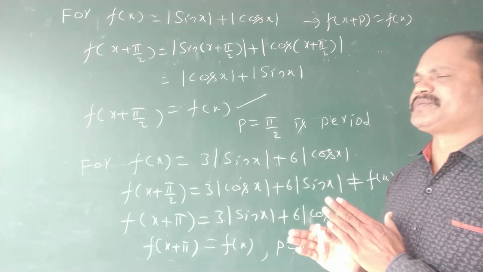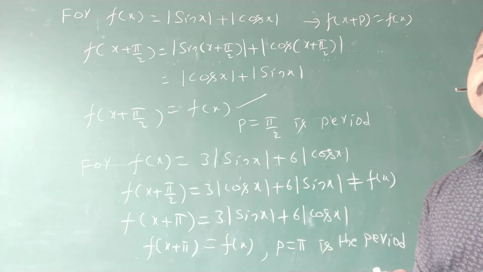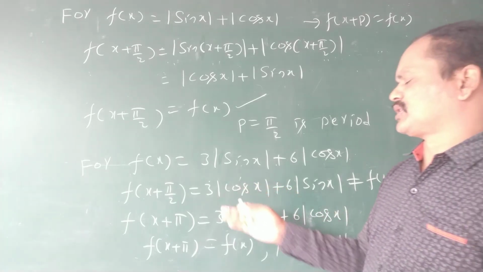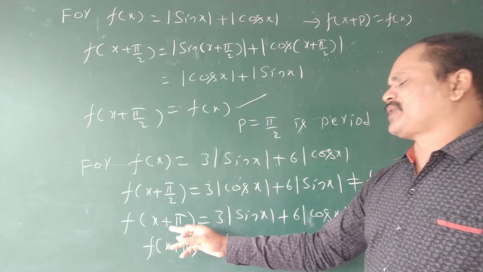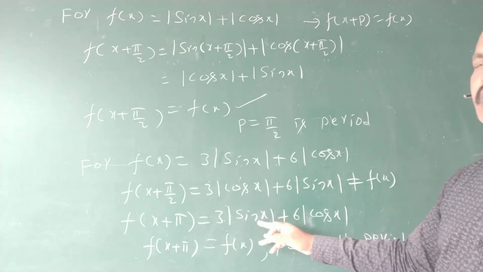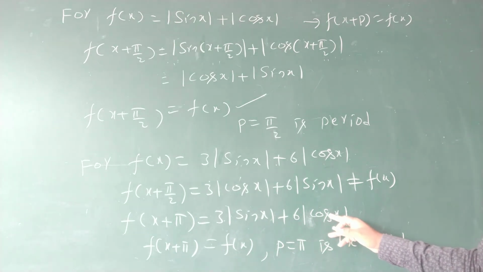When the coefficient of mod sin x is different from the coefficient of mod cos x, then period pi by 2 is not satisfied. But pi satisfies this function, since sin of (pi plus theta) is actually minus sin but mod is there, and cos of (pi plus theta) is minus cos but mod is there.